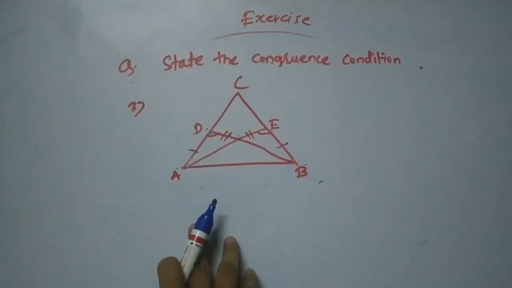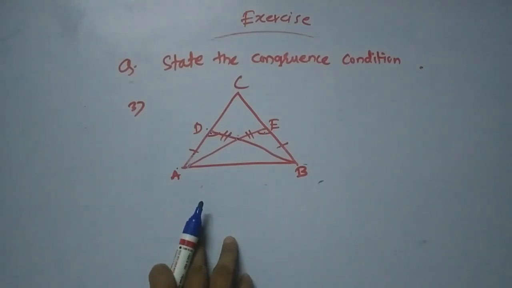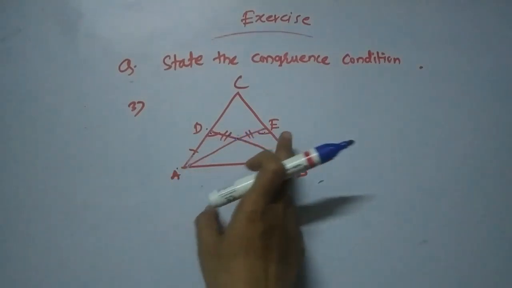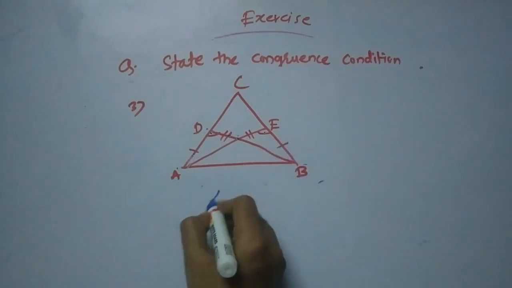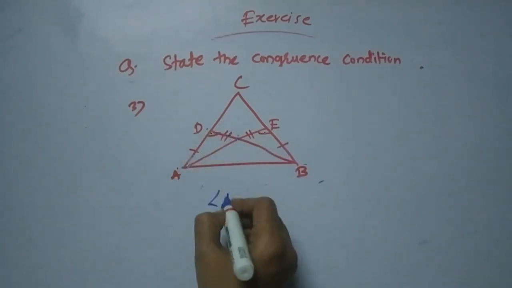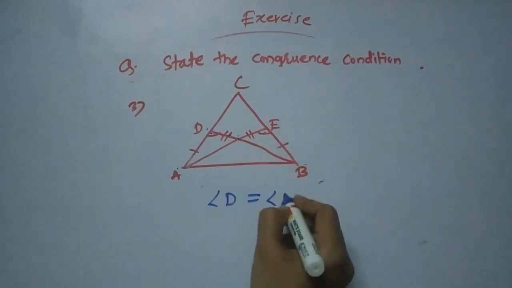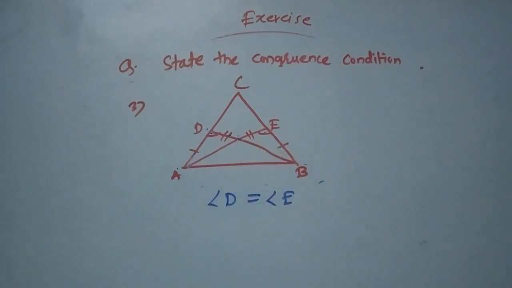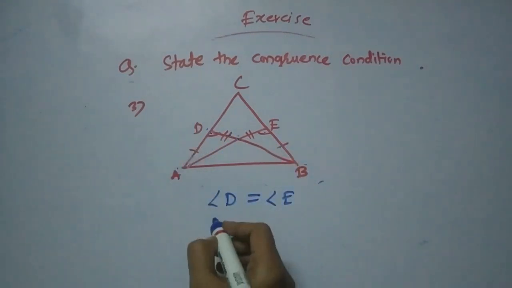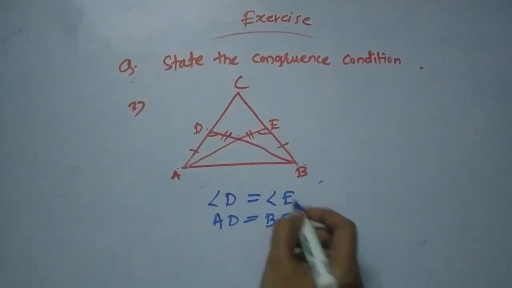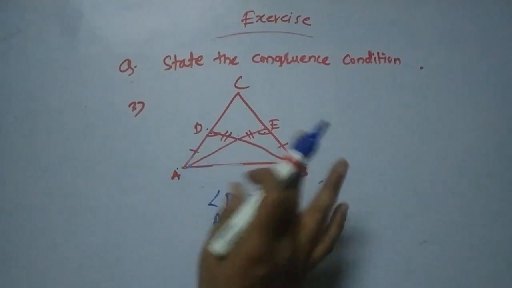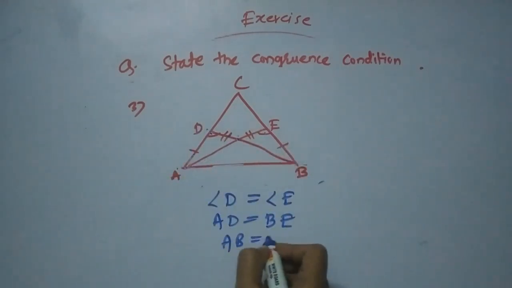Now here in this question we have to state the congruence condition. If we notice the two triangles here, triangle ADB and triangle BEA, you can see that this angle D is congruent with the angle E. In the same way this side AD is equal to this side BE. And one more thing, this side AB is common in both triangles, so side AB is equal to AB.